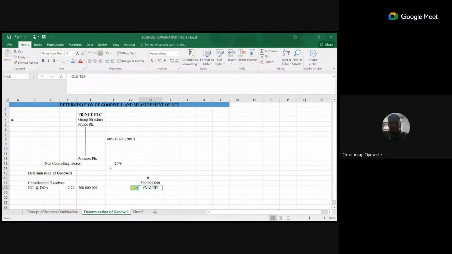Ignore error, show calculation step, help on this error checking option. It's not supposed to be like that.